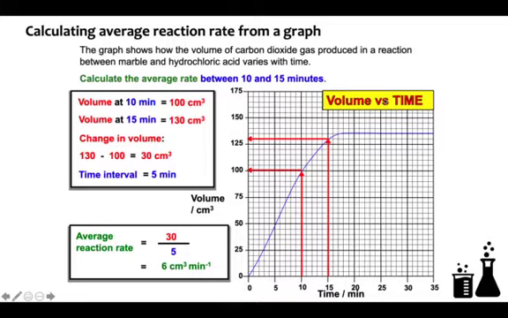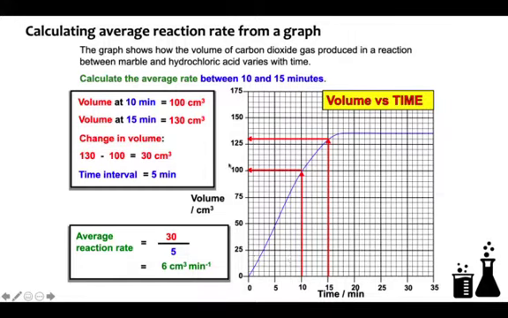Okay, the thing I want to touch on is that it's not always going to be in minutes, and it's not always going to be in centimetres cubed. It could be in litres per second, it could be in grams per minute, it could be in grams per second. Just always make sure that you look at the graph and you check what the units are.